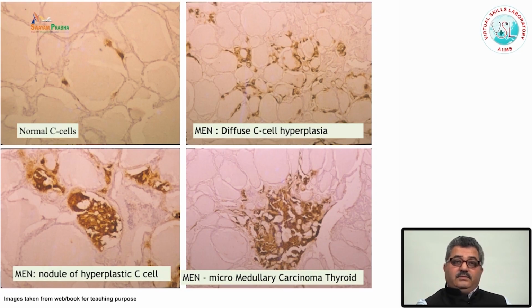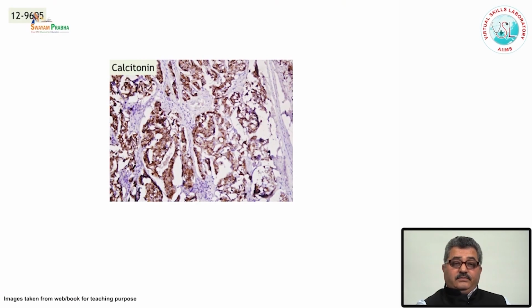Normal C cells cannot be appreciated under light microscopy, but with immunohistochemistry for calcitonin, one may find these few cells inside the membrane amidst the follicular cells. In MEN syndrome, this may be diffuse C cell hyperplasia. It may be nodule formation. These are the micro medullary carcinomas, and ultimately it leads to medullary carcinoma.